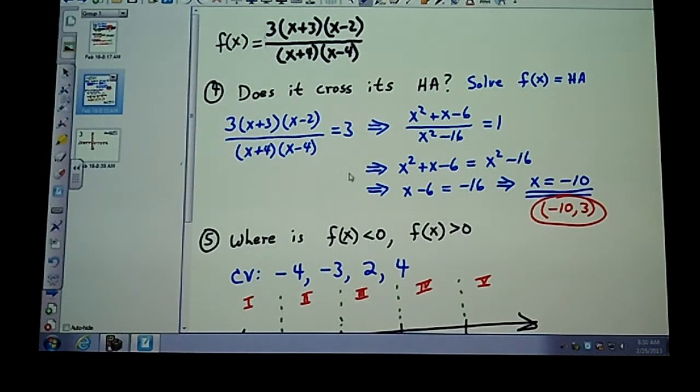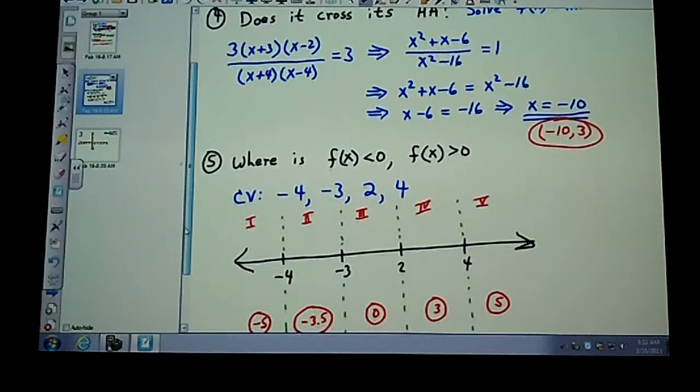When I did the math right here, we actually got x equal to negative 10. So here's a case where the function actually does cross its horizontal asymptote. As it turns out, the function will not actually touch the horizontal asymptote when x is large in the negative or positive sense, but of course large is a relative term, and negative 10 is not generally considered to be a large number.